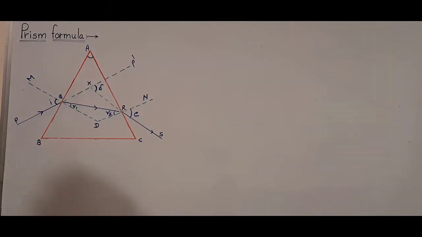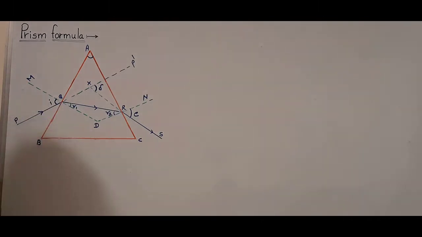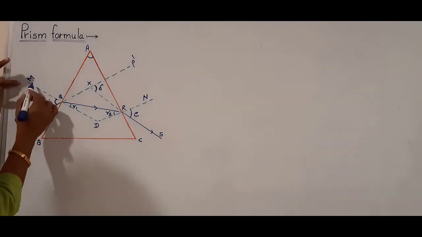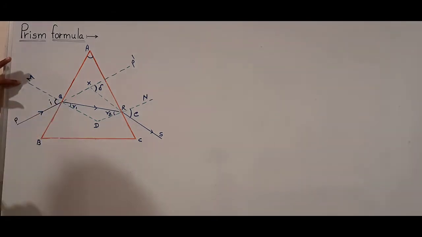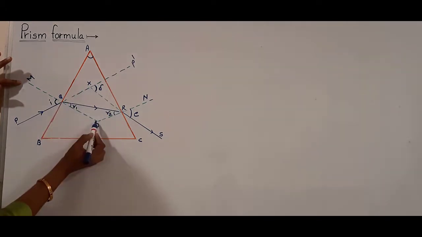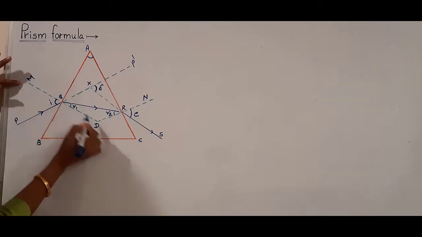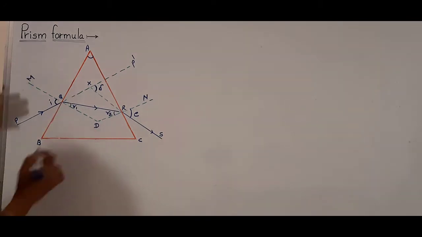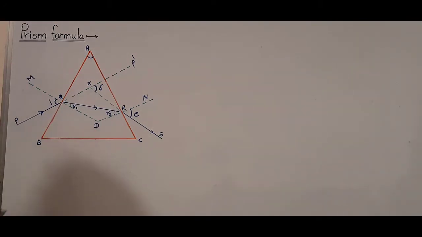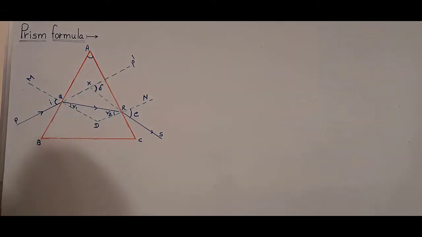Now consider angle MQP is angle I, and opposite to angle MQP there is angle XQD. Therefore, this XQD becomes angle of incidence I, because both these angles are opposite.